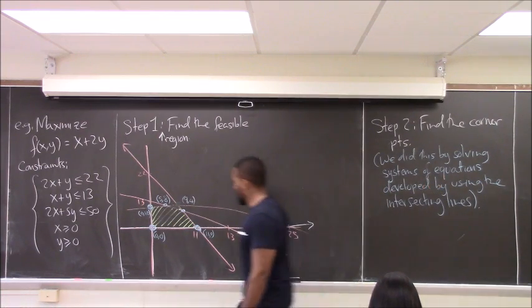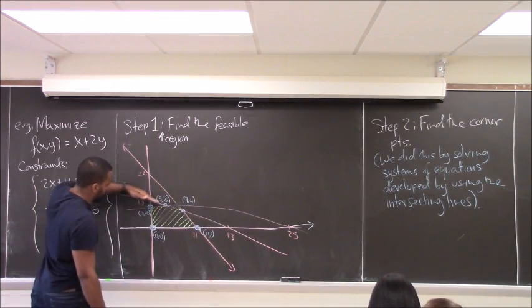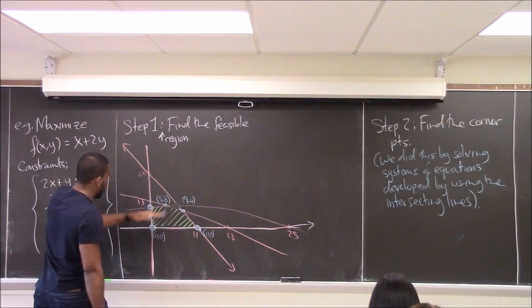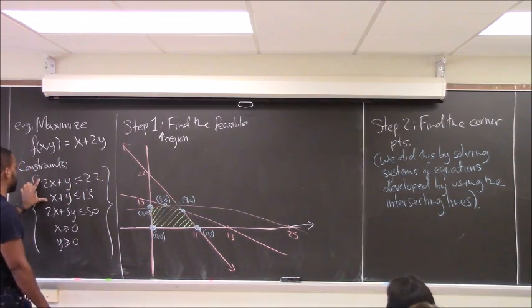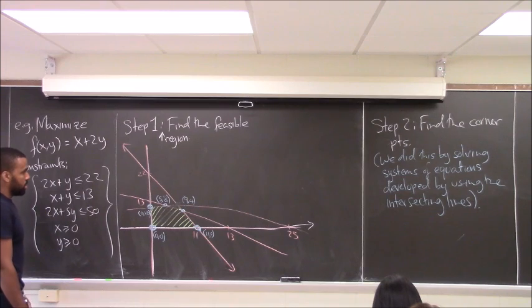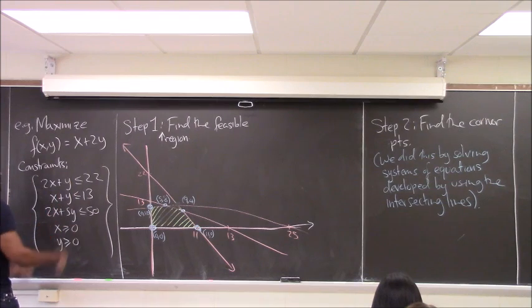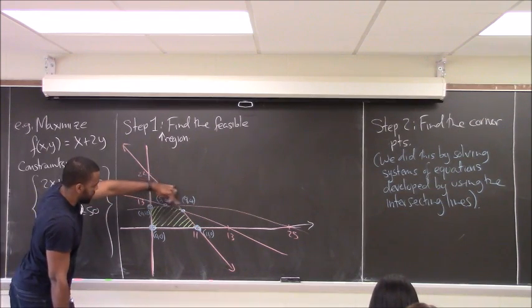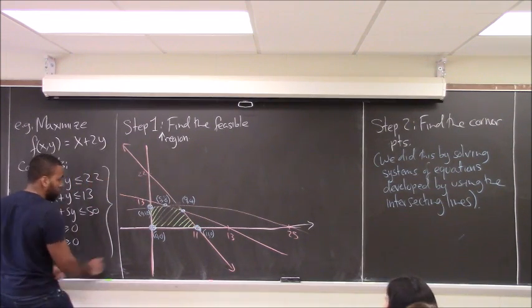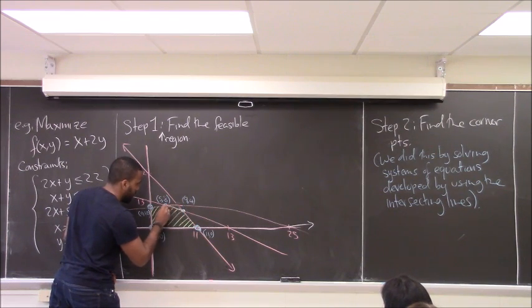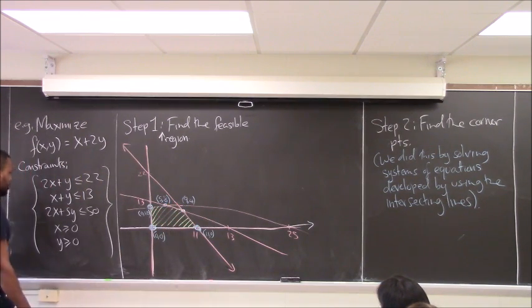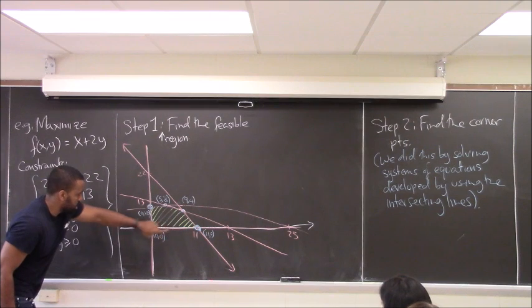If I wanted to find this corner point, I just take the equation of this line and intersect it with the equation of that line, so we found the solution to that system. And to find this corner point, I take the equation of this line and intersect it with the equation of that line. You'll have to solve 2 systems, and hopefully by this point you can do that relatively quickly. The others would be obvious because they're actually intercepts.